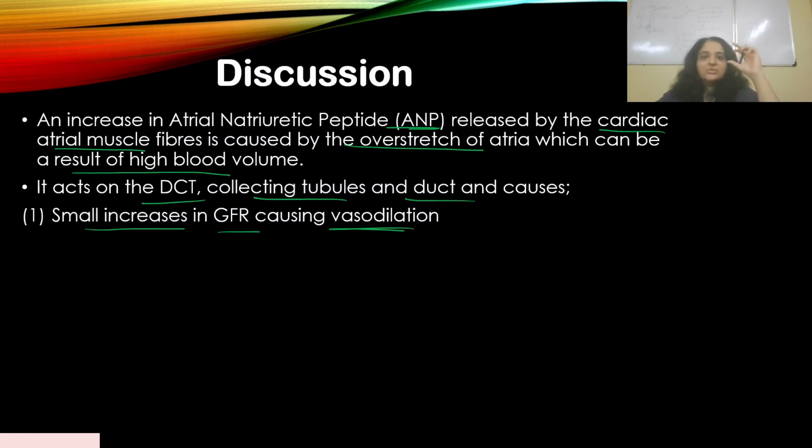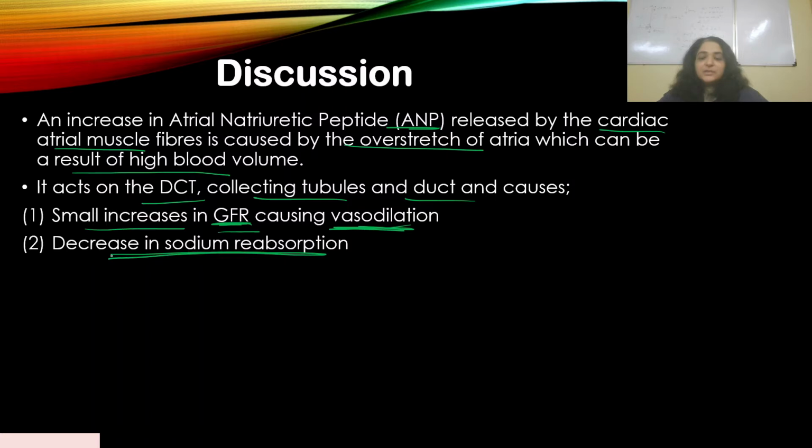Vasodilation of the afferent arteriole allows more blood to be filtered, so more plasma is filtered. That allows small increases in GFR. As a result, there is also a decrease in sodium reabsorption.